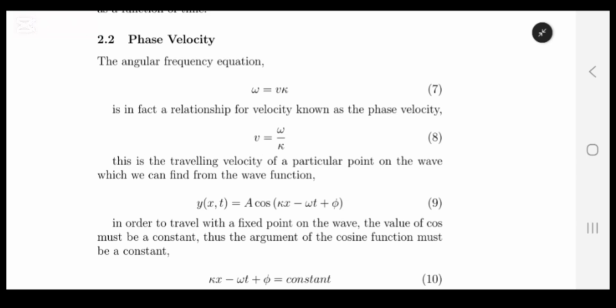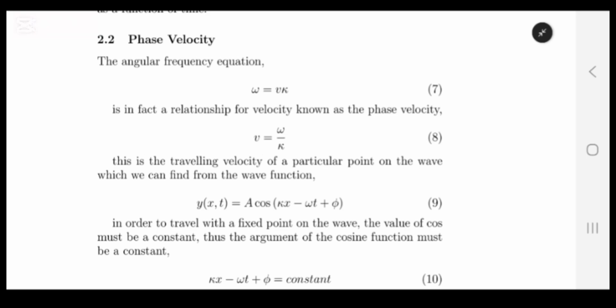All right, so I'm going to explain here why we call this the phase velocity. Well, it's because the argument of this cosine is sometimes referred to as the phase or just the argument. Basically, if we wanted to see how fast a wave is traveling, we can pick a point on the cos function and follow it and see how fast it's going. To have a common fixed point of the cos function, like the maximum 1, we need this argument to be a constant.